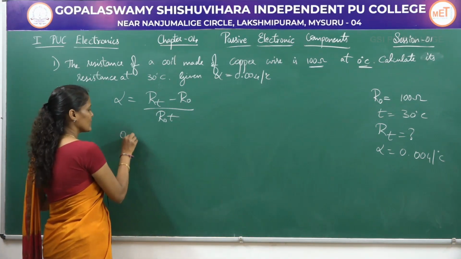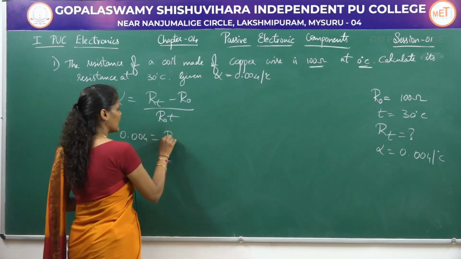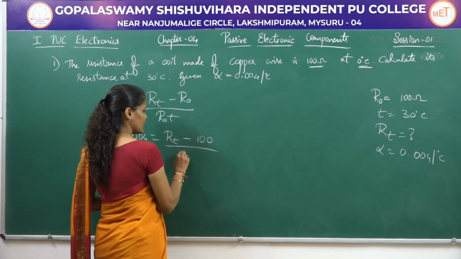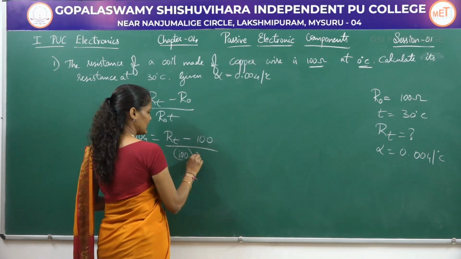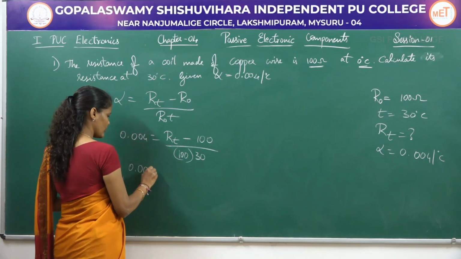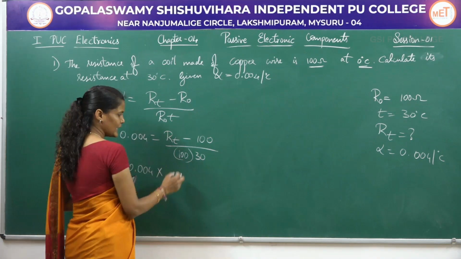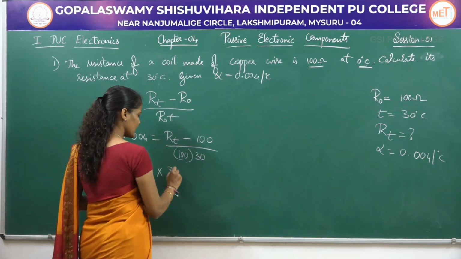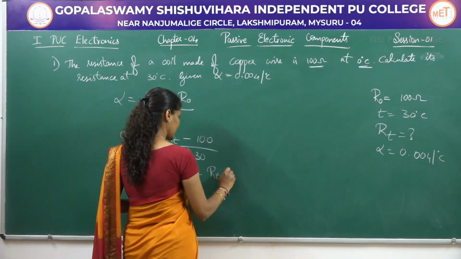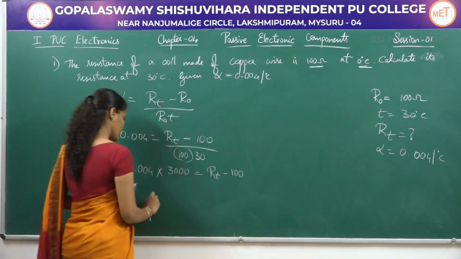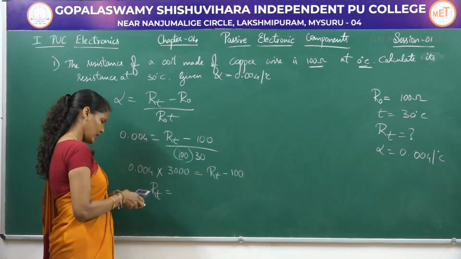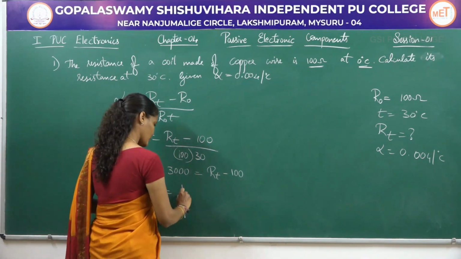Alpha value is 0.004 equals RT minus R0, where R0 value is 100, divided by 100 into 30. So 0.004 into 30 into 100 gives us 12, which is equal to RT minus 100. So RT equals 12 plus 100.